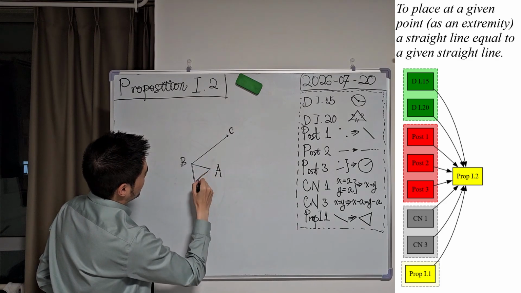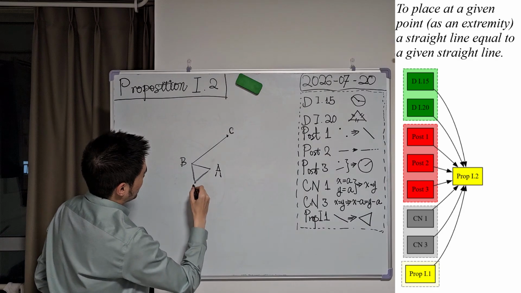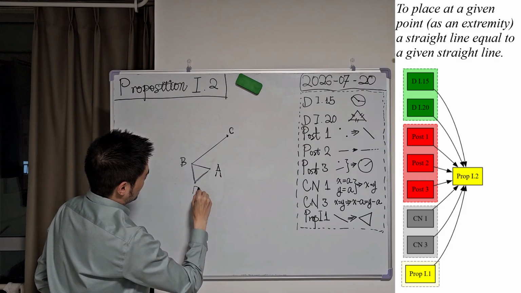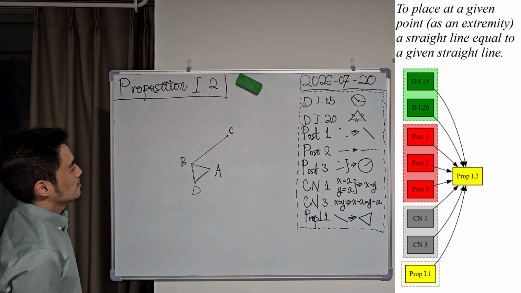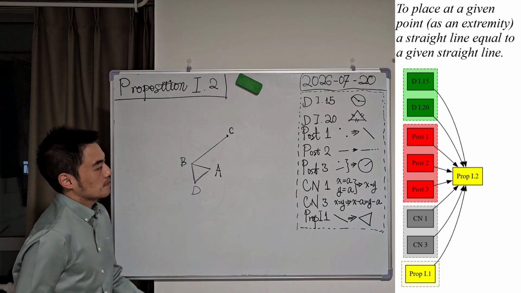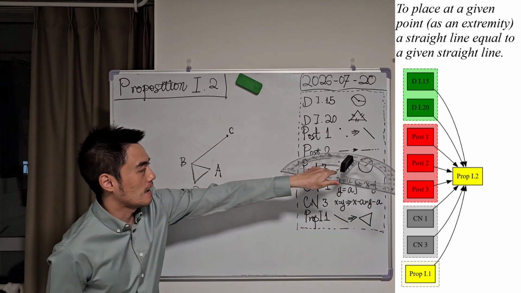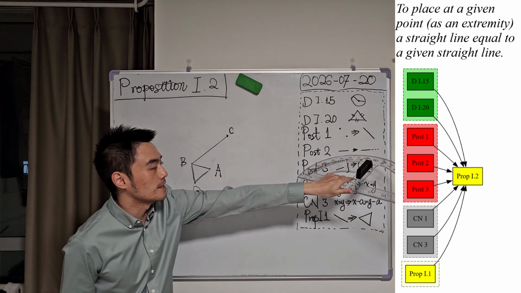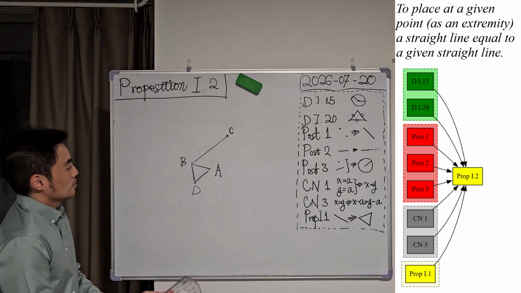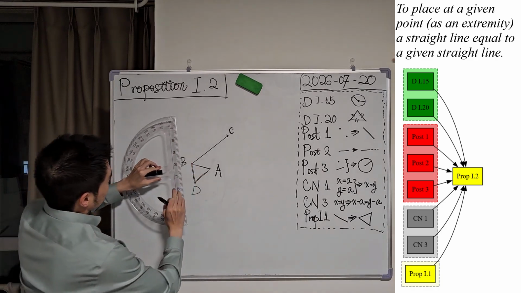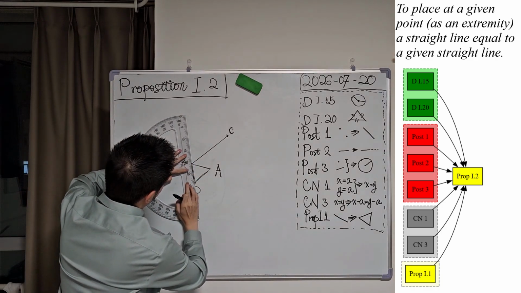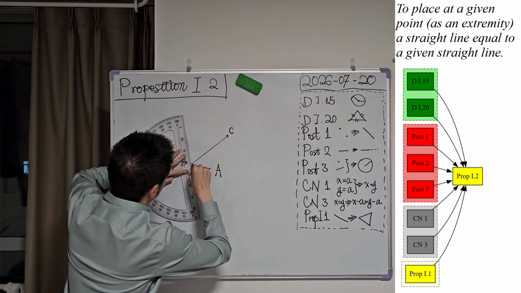And let's assume it is triangle ABD. And then please recall postulate 2. Given a straight line, we can produce it to infinity. So here we will produce straight lines DB and DA.